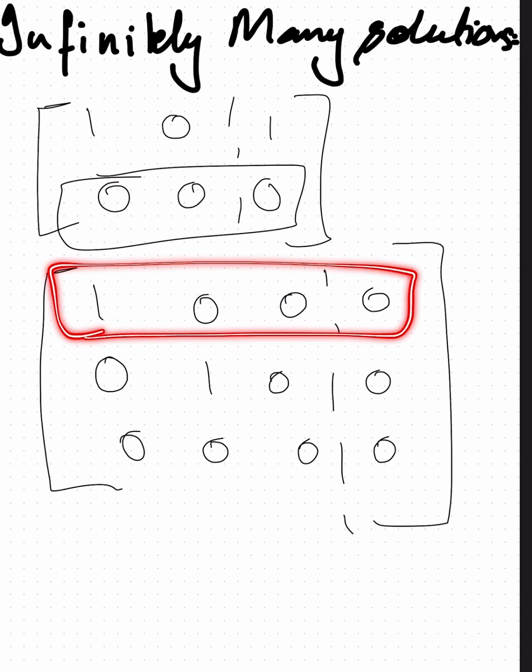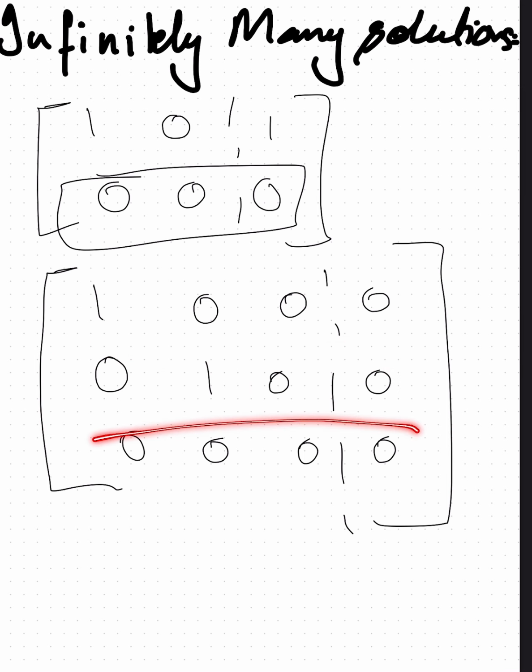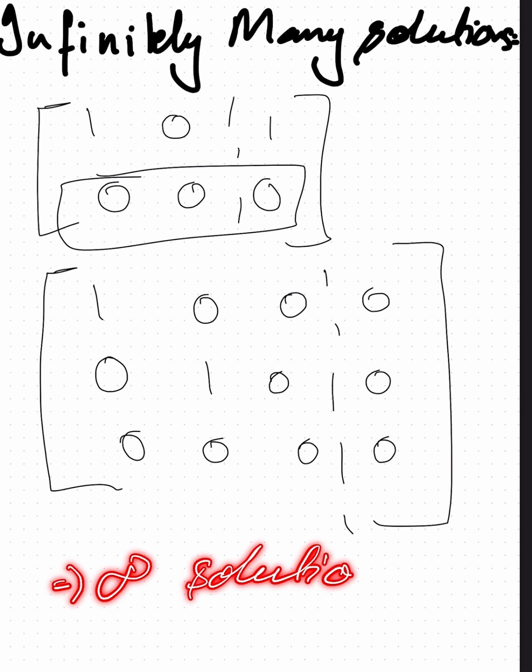This row is consistent because we have a pivot point. This row is consistent, we have a pivot point, and this row is consistent. Even though we have no pivot points here, the augmented value is 0. That means the system is still consistent and has infinite solutions.